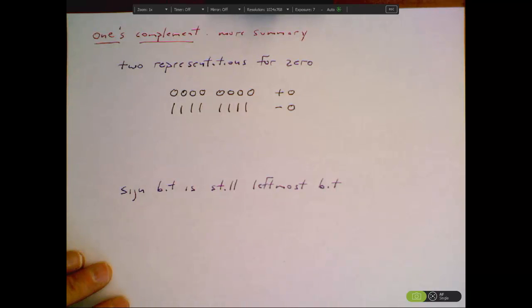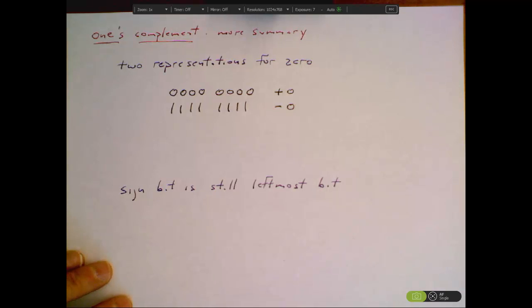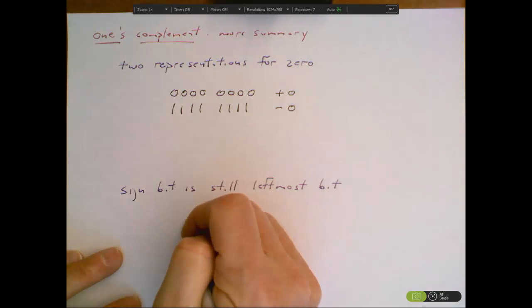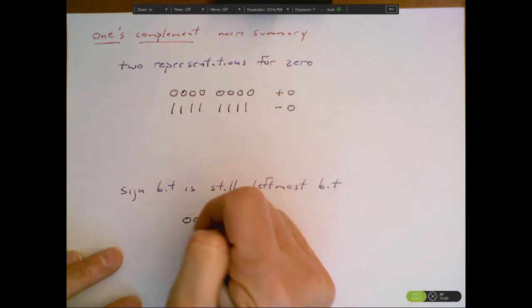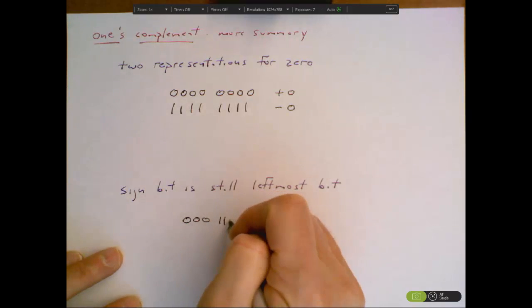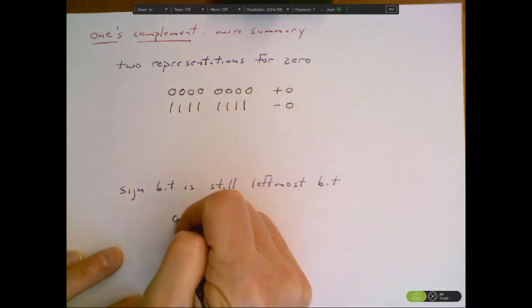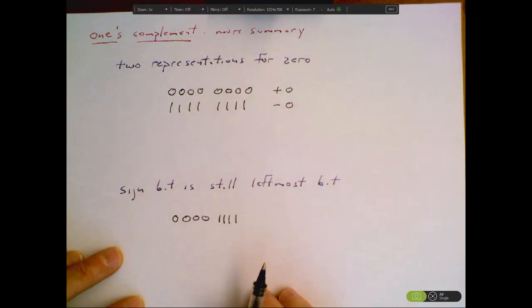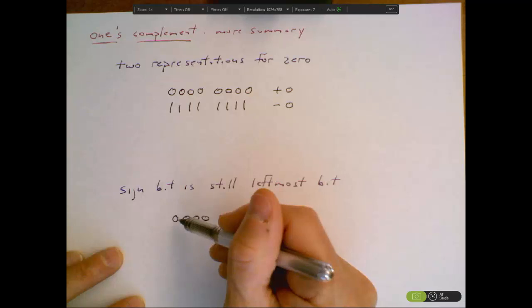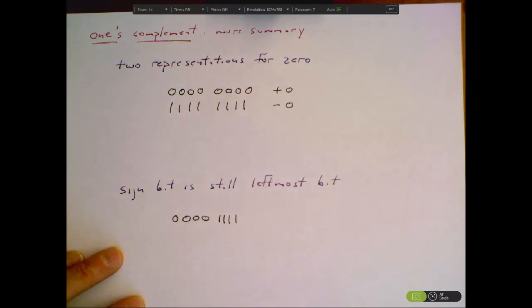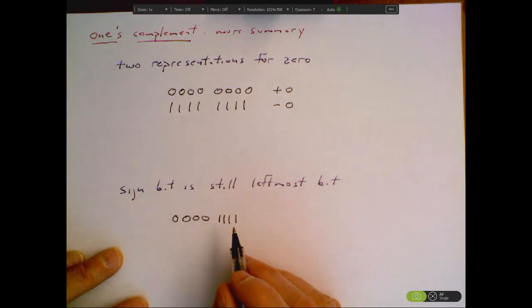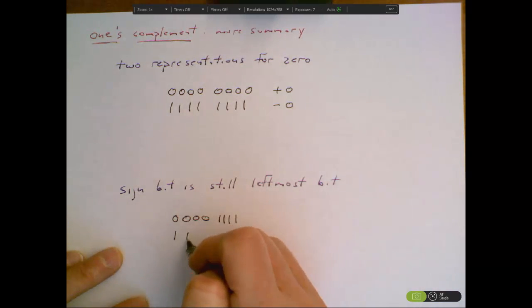Note that the sign bit is still the leftmost bit. Again, when we look at that value 15, the leftmost bit is a 0, indicating it's a positive number, really, and when I complement those bits, it becomes a 1.